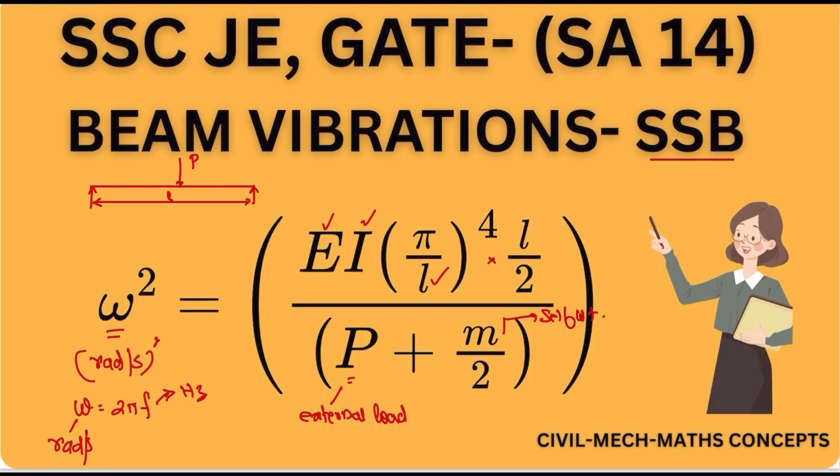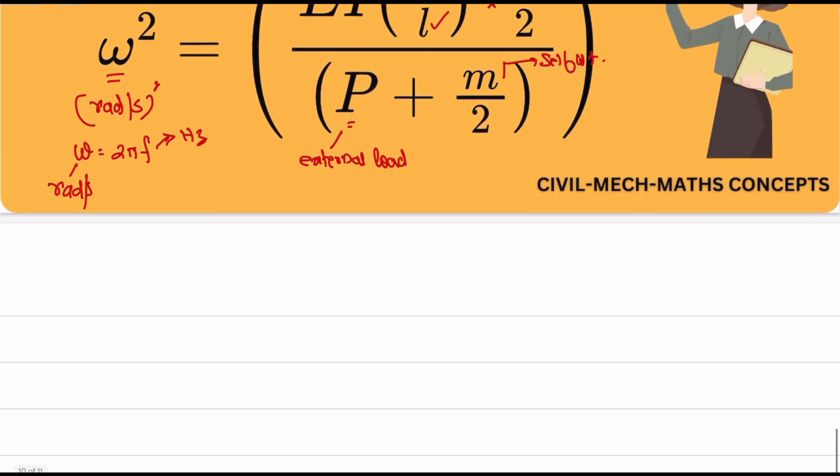Now, for a simply supported beam, as in the cantilever beam, how to get this equation? I will give a brief. As far as the integrations are concerned, you please do them as homework.